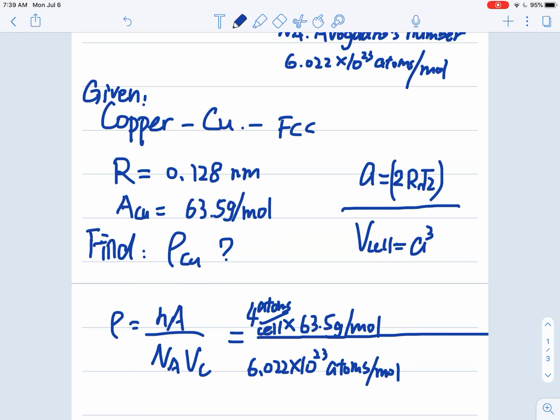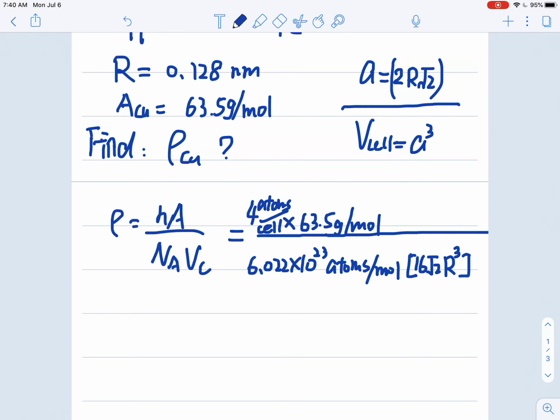So here on the bottom, the volume of the unit cell is going to be 16 square root 2 R cubed. Remember, the R here is given. We know the value of R is 0.128 nanometer. And yep, that's all the information we have.